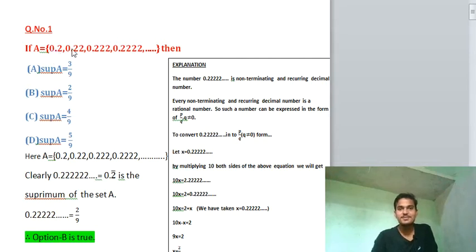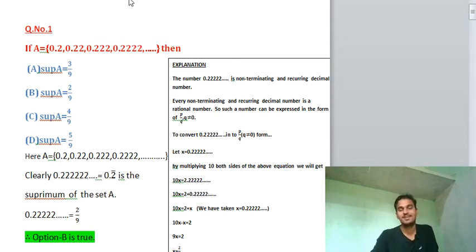This is 0.2, this is 0.22, more 2 has been placed there. This is 0.22, this is 0.222, so more 2 has been placed there. This is 0.222 and this is 0.2222, so more 2 has been placed.